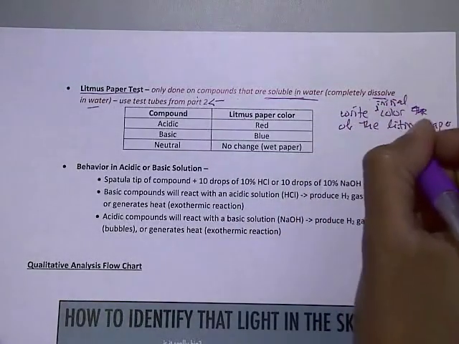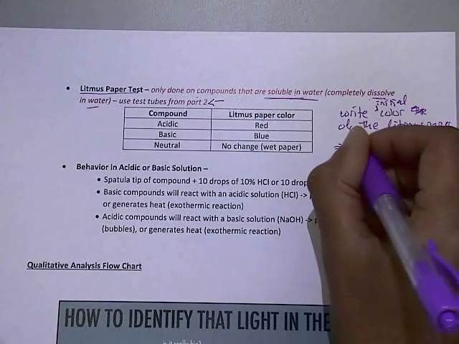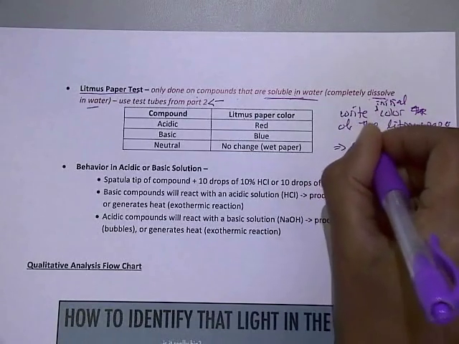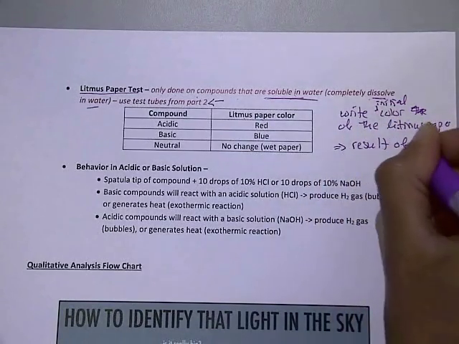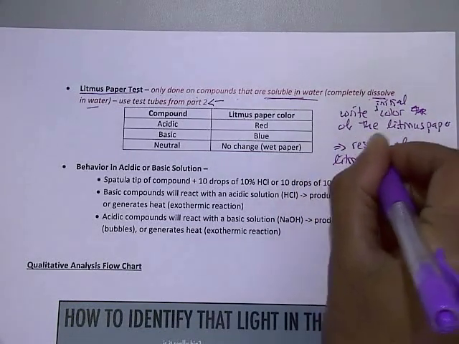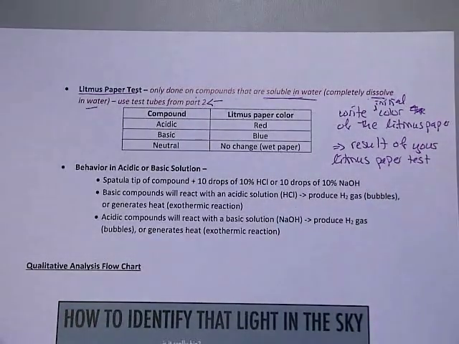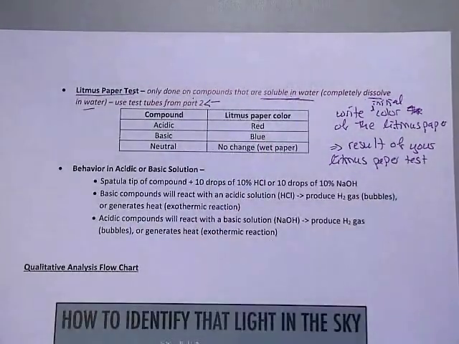So you write the initial color of the litmus paper. You should only do this once, and then I want you to write the result of your litmus paper test in your lab notebook. So the result of putting litmus paper into your compounds that are soluble in water.